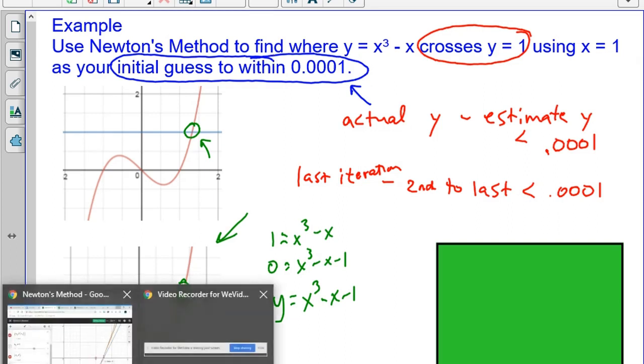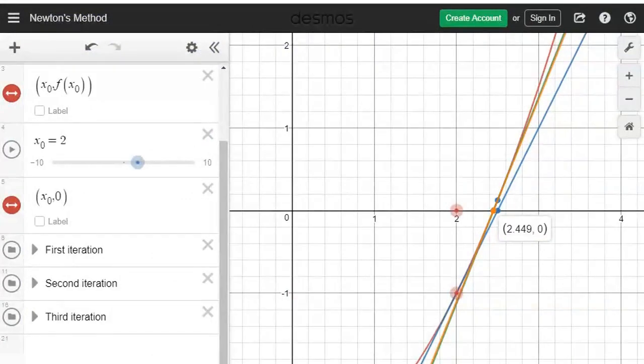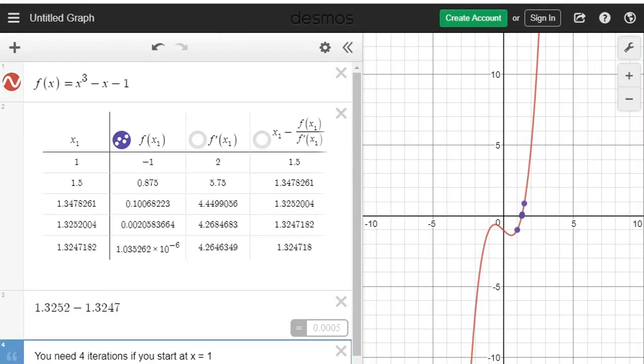Okay, so hopefully you have tried Newton's method. Here's what I did. I did Newton's method on Desmos just for ease of time. After the first iteration, your new x guess becomes 1.5. So your initial guess was 1, and your next guess becomes 1.5.